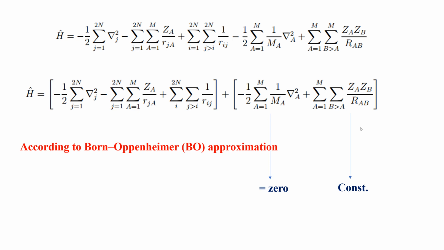So it will be added at the end. So the kinetic energy for nuclei is zero, and the potential energy of the nuclei is constant. So according to Born-Oppenheimer, this equation can be written as three terms. So we neglected two terms. So here the Hamiltonian will be the electronic Hamiltonian.